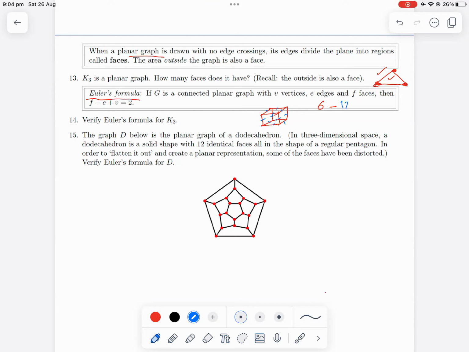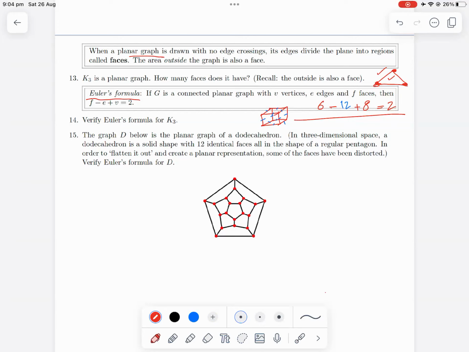So you got 12 edges plus 8 vertices. So 14 minus 12 will be 2, which is right. So this Euler formula that is right for the polygons as well.